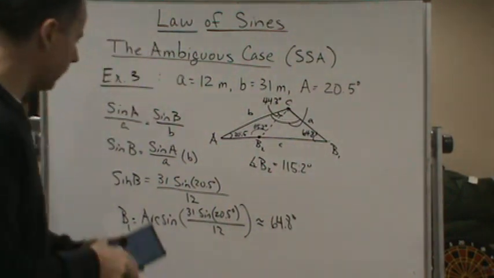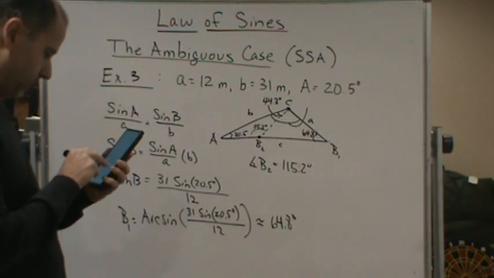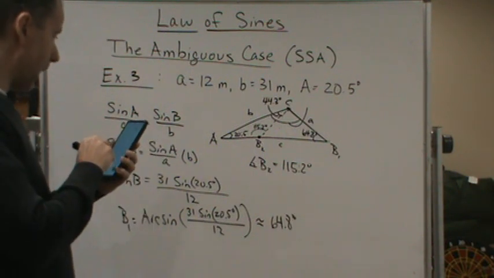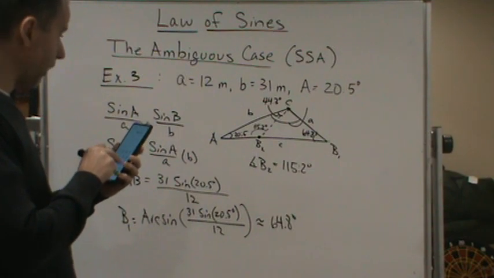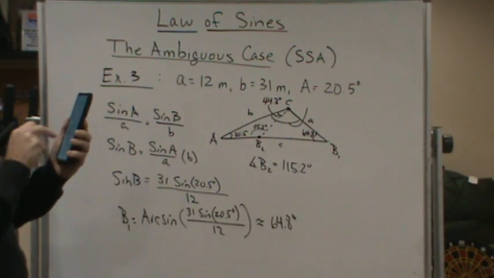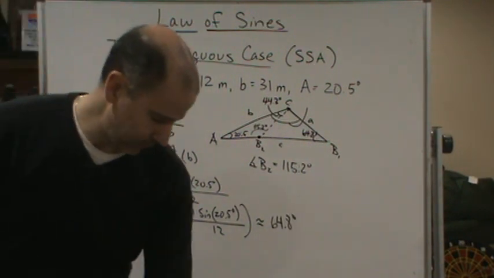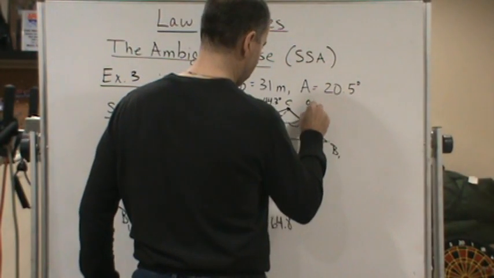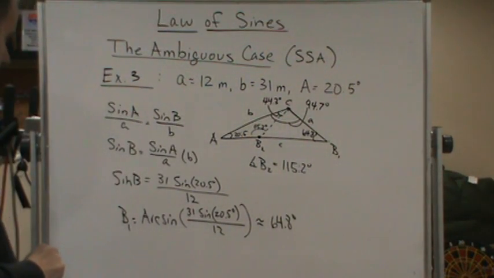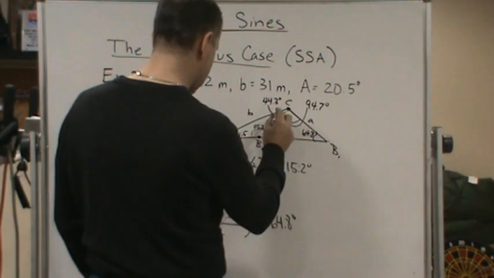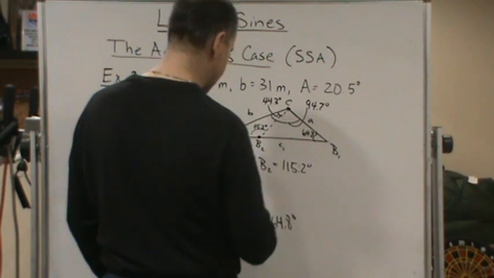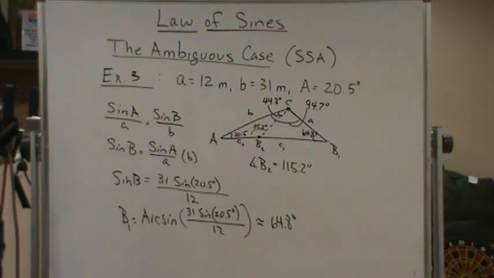It's going to be 180 minus 20.5 minus 64.8, 94.7. All right. So now we've got C1 and C2.